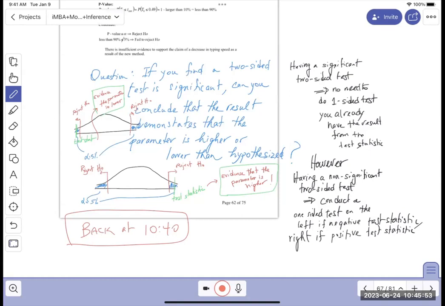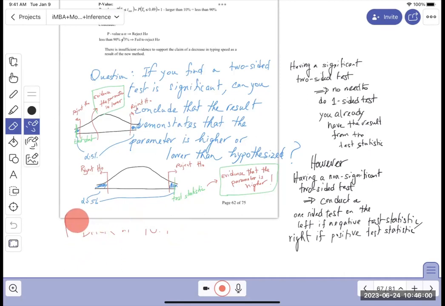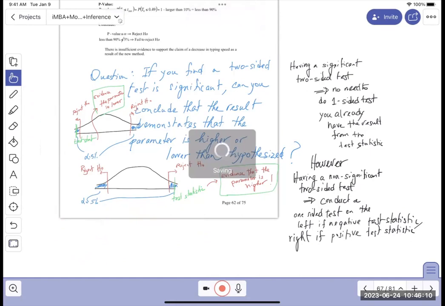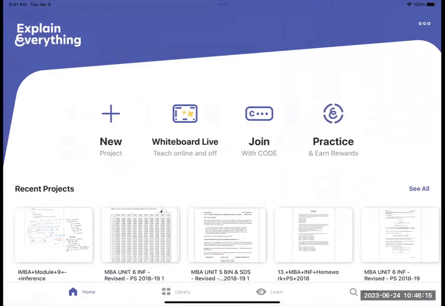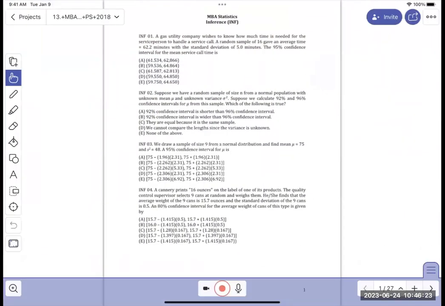Sorry, I took a longer break. I should have just said 10:45. Okay, so let's go into the homework. The homework exercises. Who has started the homework?